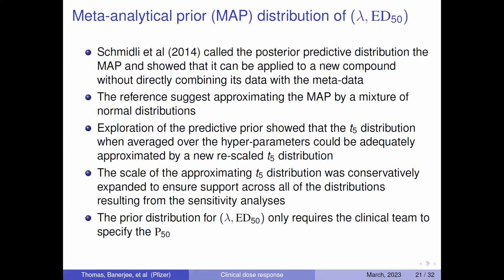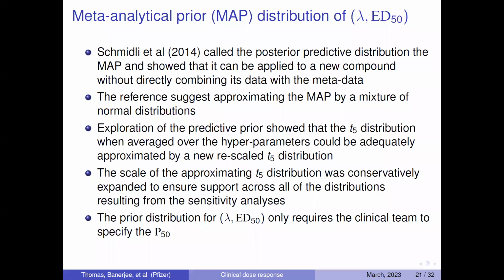Well, what they showed was it's just classic Bayesian updating. If you create that posterior predictive distribution once, then when you want a posterior distribution for a future compound, all you need is for your prior distribution to become the posterior predictive distribution. So you don't have to go back to the original data.